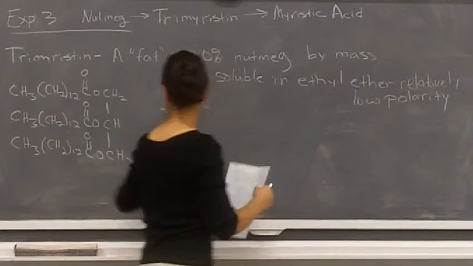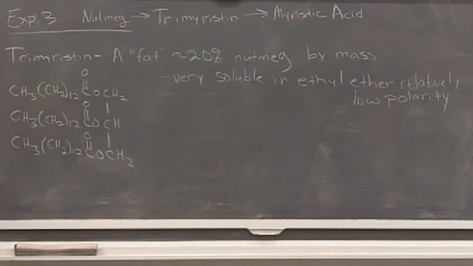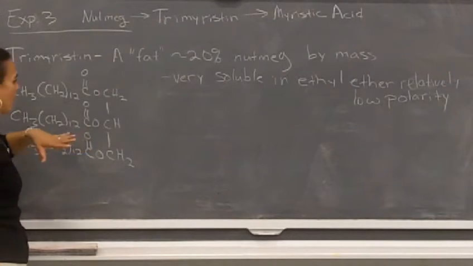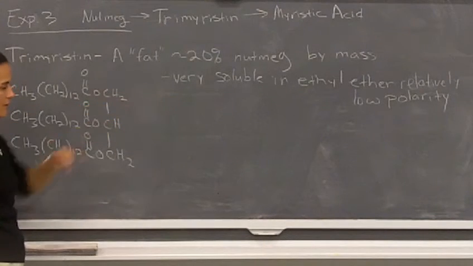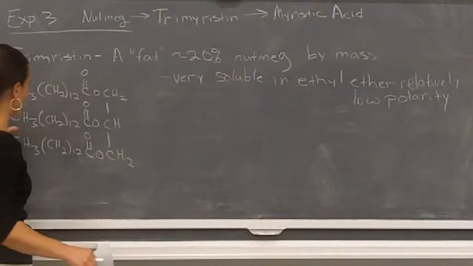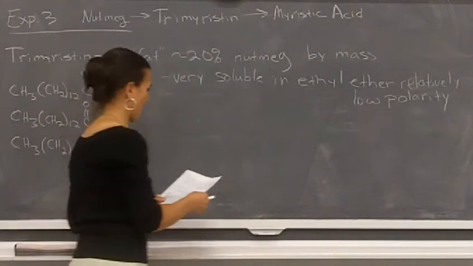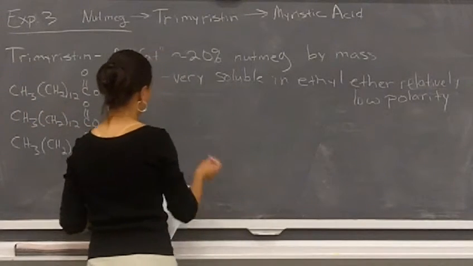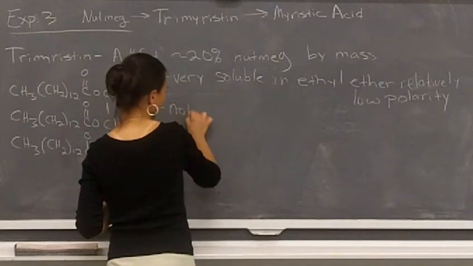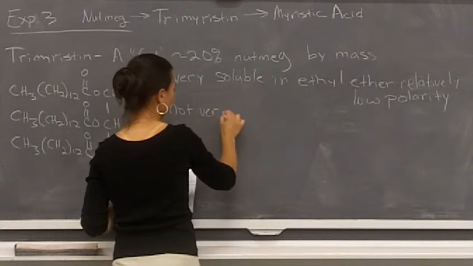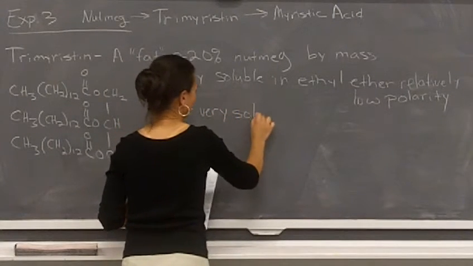So we do have the ester groups, but with these really long chains coming off of it, it's a really low polarity compound, okay? Remember from Gen Chem, like dissolves in like. So that's why we want to use the ethyl ether, which is very similar to this compound as far as polarity. It is not very soluble in methanol, so we will also use that.